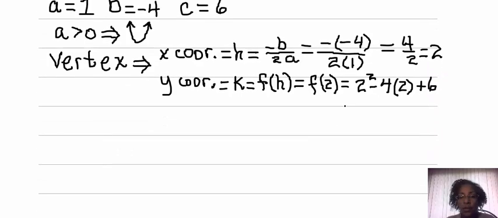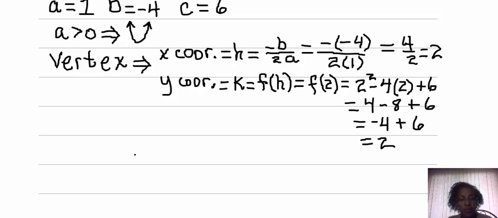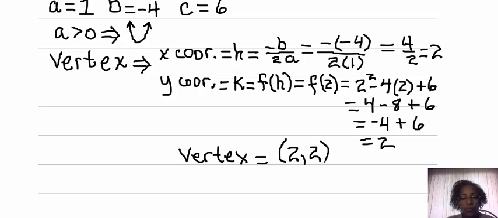So we have 4 minus 8 plus 6. Well, 4 minus 8 is negative 4, and we need to add 6 to that to find k. So k is 2. Our vertex is the point with coordinates (2, 2). So that's our vertex, and let's highlight that information.